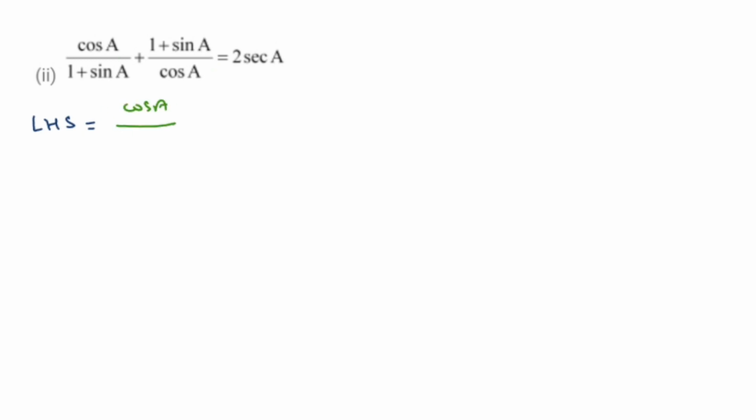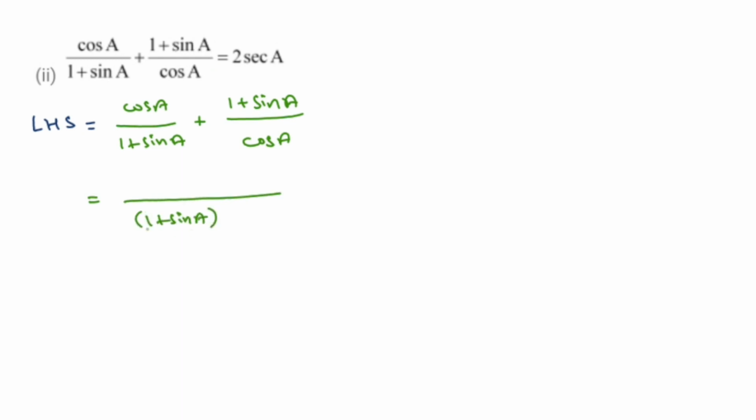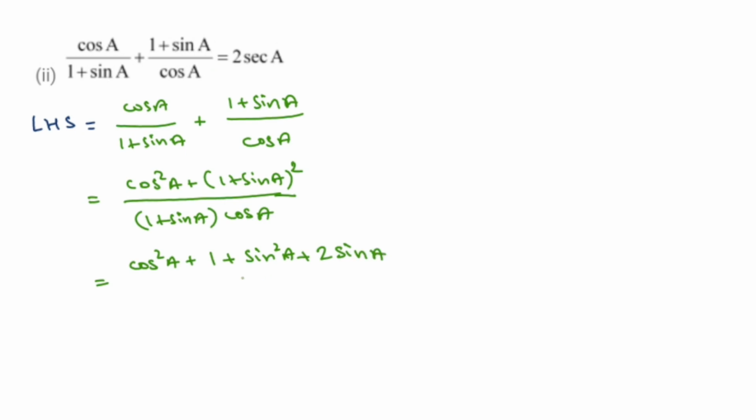Cos A divided by (1 plus sin A) plus (1 plus sin A) divided by cos A. Take the LCM, (1 plus sin A) into cos A. Cos into cos is cos square A, plus (1 plus sin A) into (1 plus sin A) is (1 plus sin A) whole square. This equals cos square A plus a square plus b square plus 2ab, which is 1 plus sin square A plus 2 into sin A.